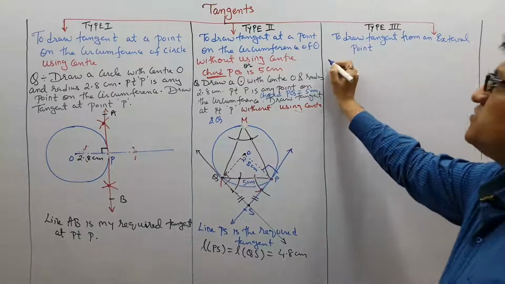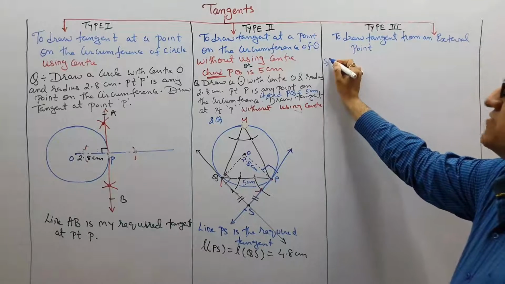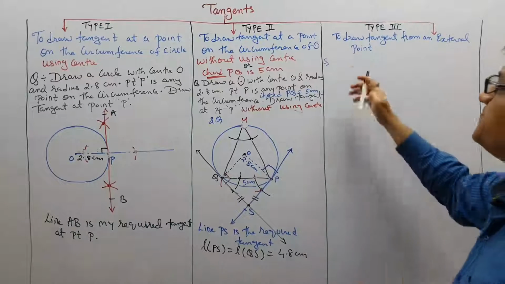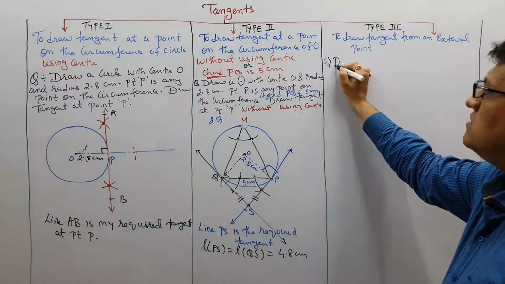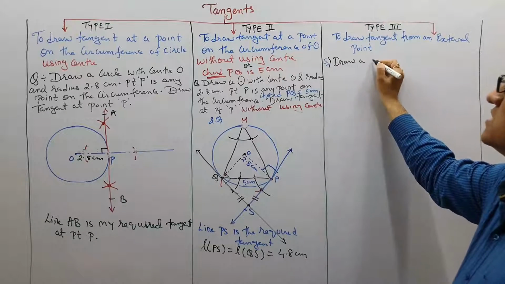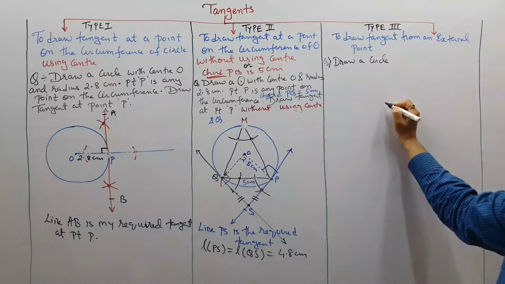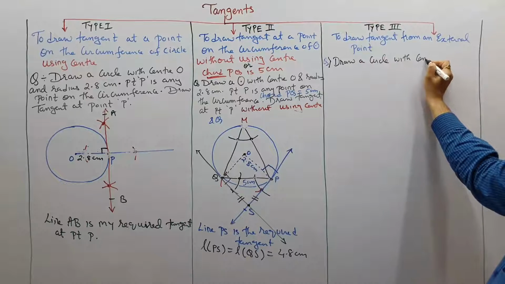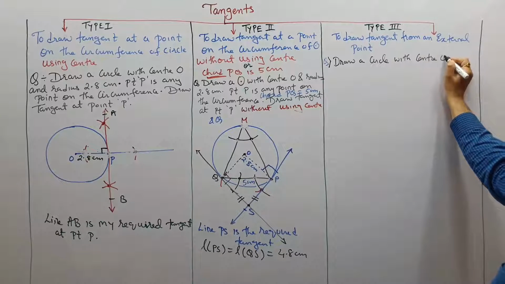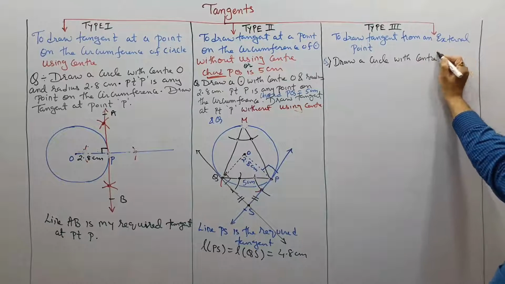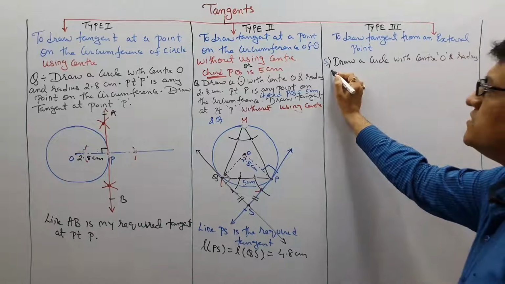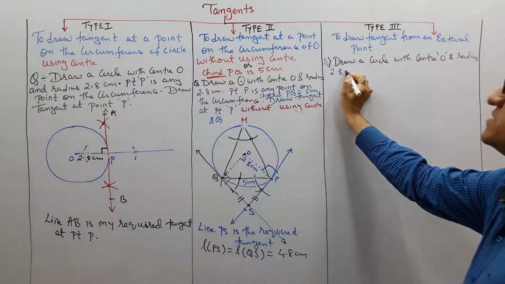So let me write down the general question. The question will be, draw a circle with center O and radius 2.8 centimeter.